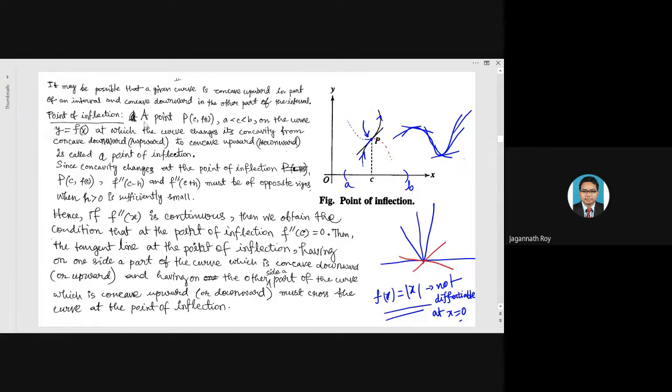But if the derivative exists, what happens? It will have a unique tangent at that point. But at this point, you can plot many tangents for this curve.